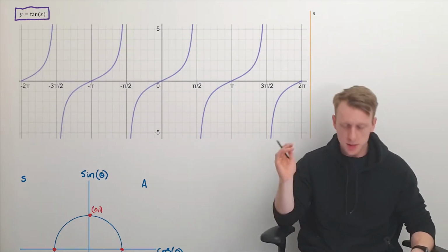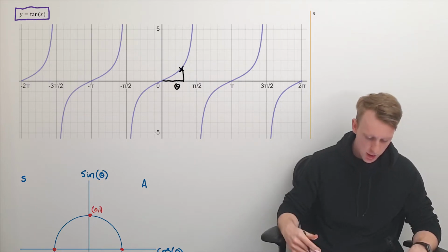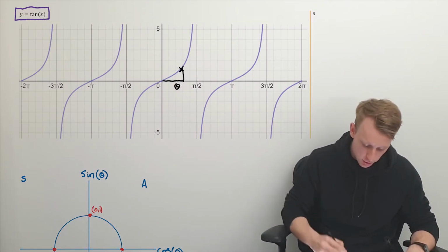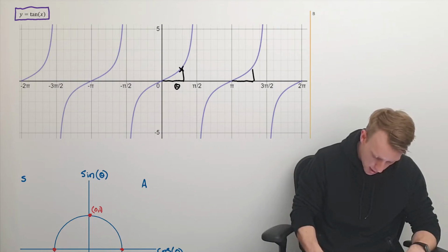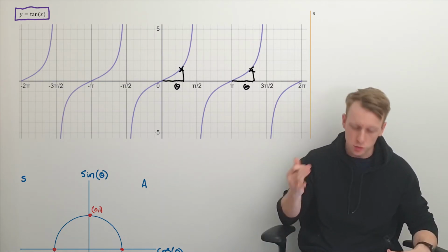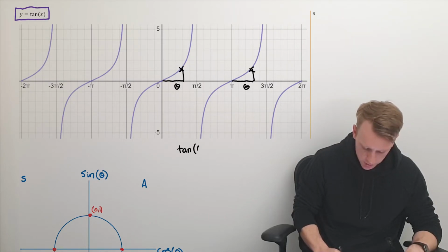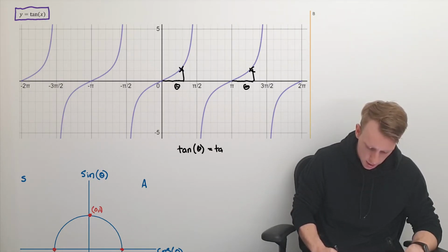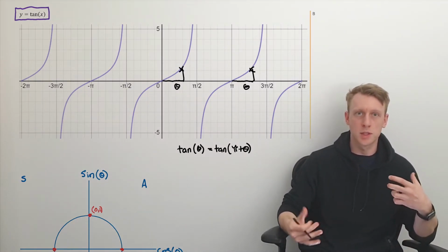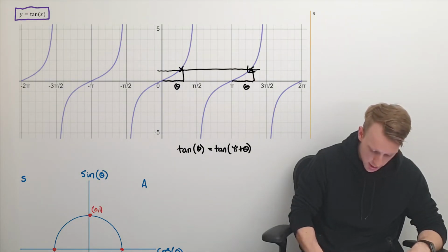Alright, and the same synergy occurs with tan of x. So if I go in some angle, some theta amount, I'm going to end up here. If you take the angle 180 degrees or pi, and you go in the same amount, theta, you're going to end up at the same point. So tan has got synergy around 180 degrees. Again, specifically written out, this is tan of theta equals tan of pi plus theta. You get two angles that give you the exact same value. This is what it's implying. Two angles give you the same value for y.